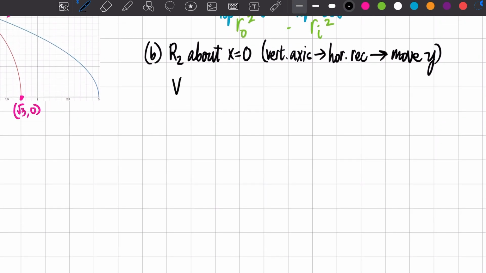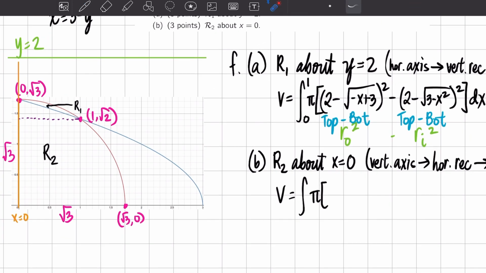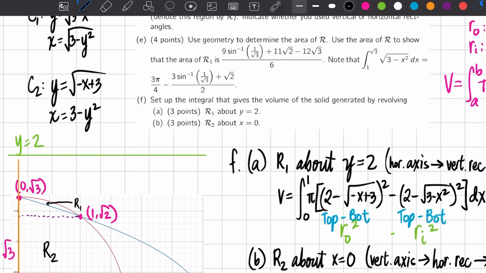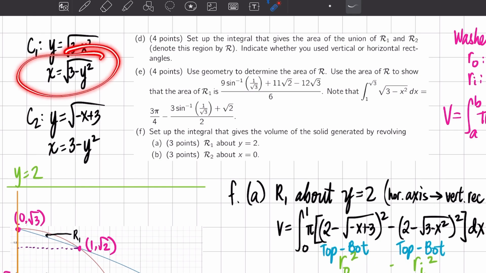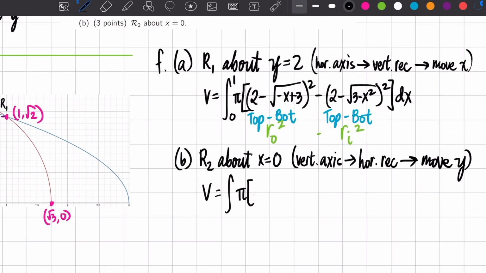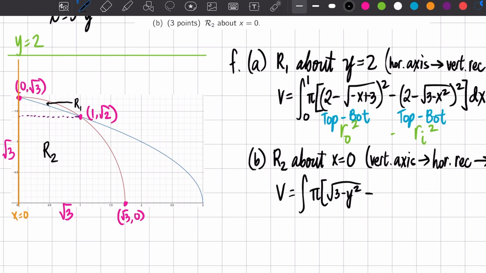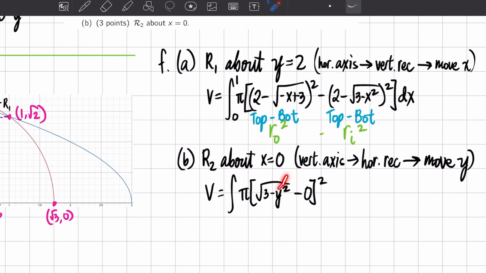So for the first part, you have pi times the radius here, that's the red curve, until you reach x equals 0. So it's x equals square root of 3 minus y squared, minus the left curve. So that's the right curve minus the left curve. But your left curve is x equals 0, squared. And since our functions are in terms of y, we are integrating with respect to y.